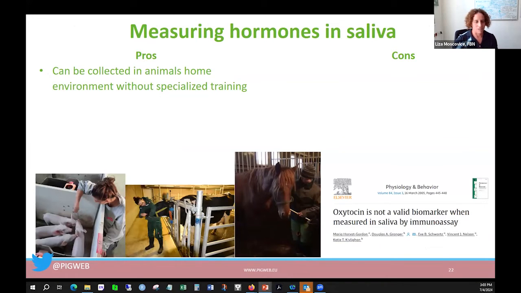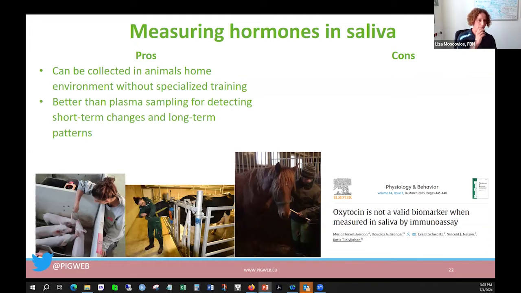Of course, you'll use different techniques for different animals, but it can be done by any personnel without a lot of specialized training, and the animals can stay in their home environment, which is great. And I would argue, this is my personal view, it's even better than plasma sampling for detecting short-term changes and long-term patterns in some hormones.